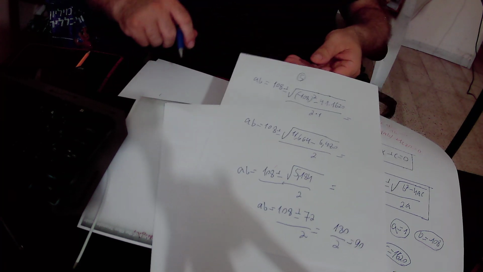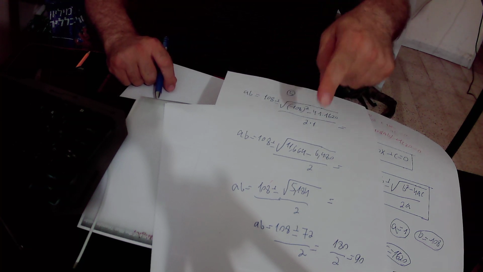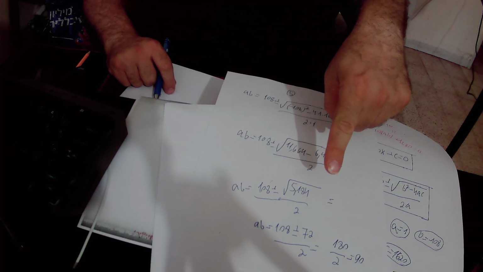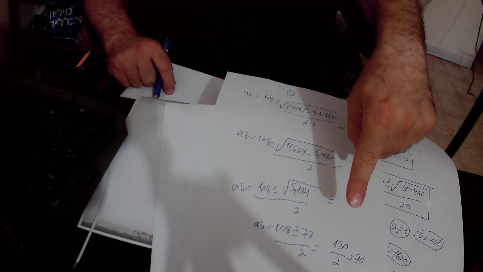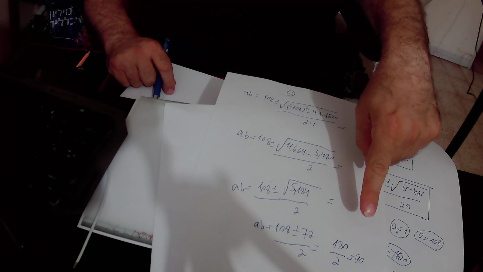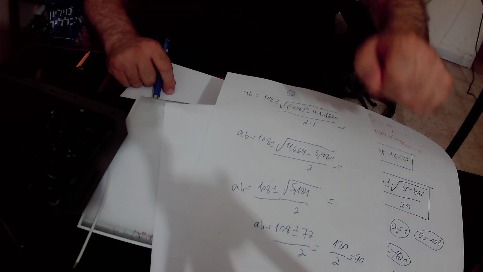Okay, so the first solution for AB is 90.